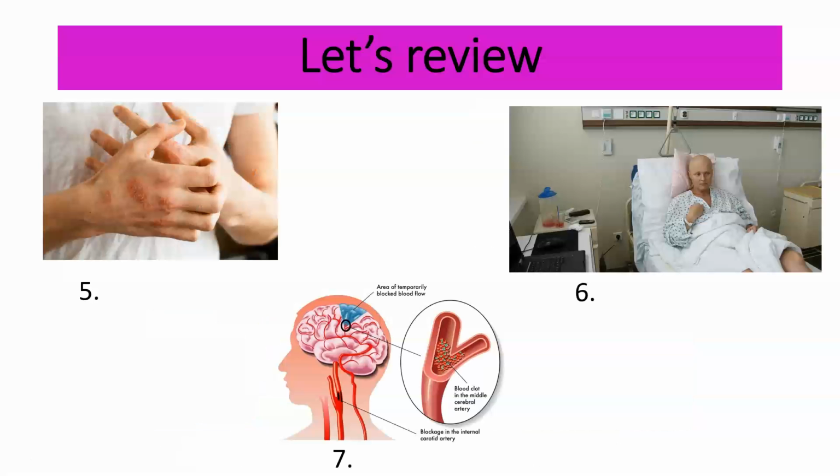Here are 3 more. Pause the video and start again when you're ready. Got the answers? Number 5 is allergy, 6, cancer, and 7 starts with an S, a stroke. So I hope you got 7 out of 7 correct.